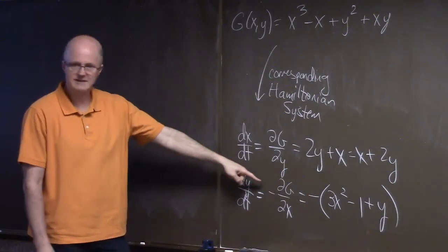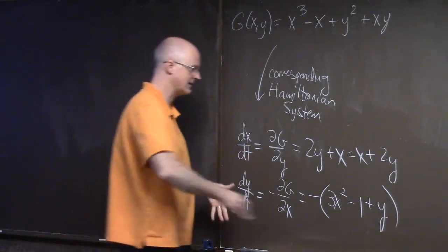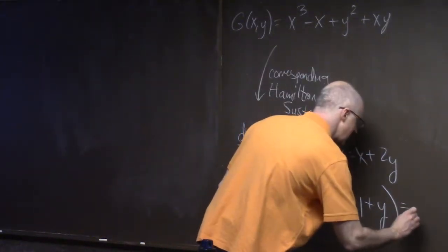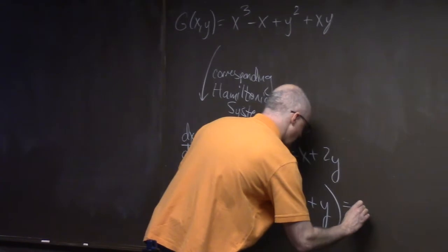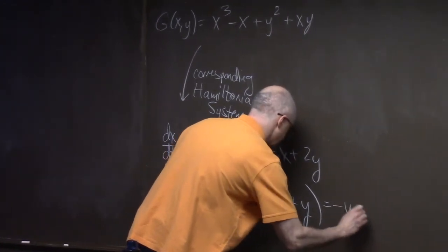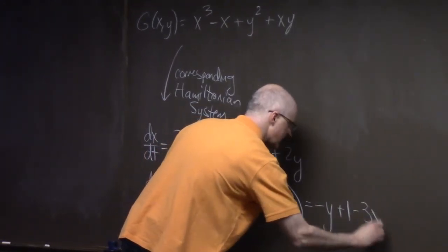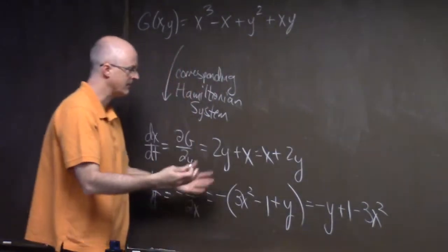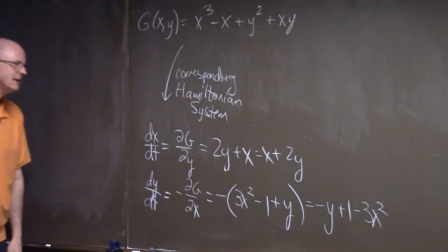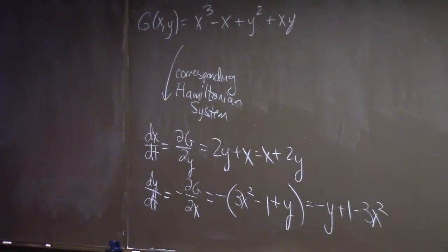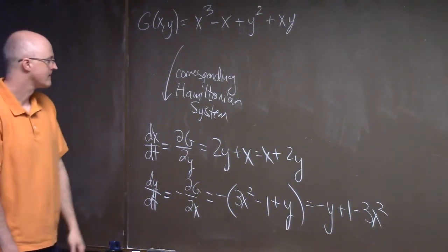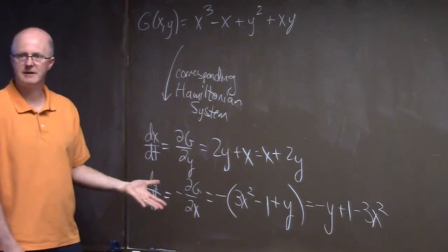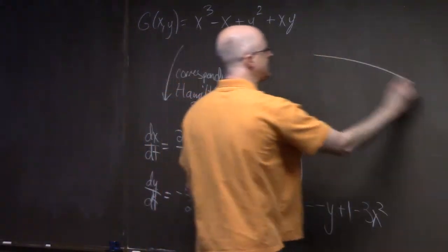But with the Hamiltonian system, you have a negative sign in front of that, so now distribute the minus sign through, get negative y plus 1 minus 3x squared. Maybe that's not the most natural way to write it. Negative 3x squared minus y plus 1 would be fine too. Okay, that's the corresponding Hamiltonian system. What's the corresponding gradient system?